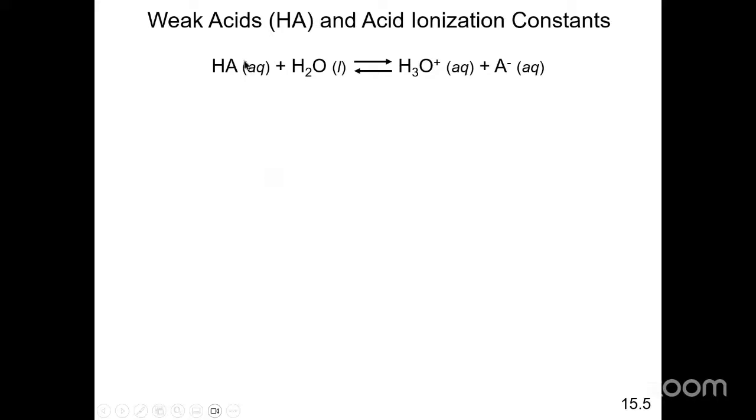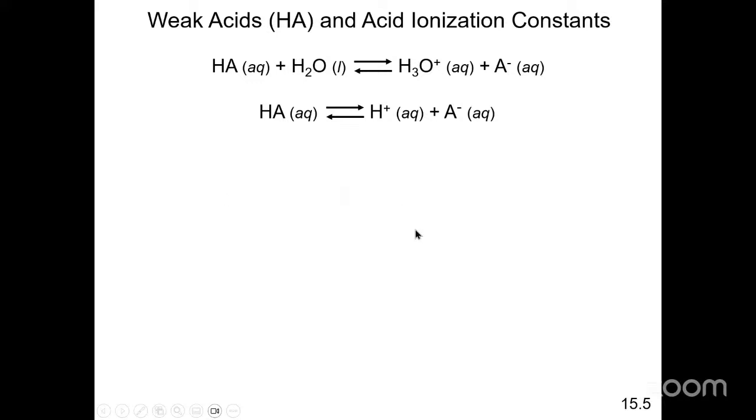Of course, because the acid is weak, you'd expect the concentration of HA to be higher compared to the concentration of the hydronium ion or the A- ion, the conjugate base of the weak acid. Another way of representing it is this, right? So you can use this equation here or this equation. Basically, they both represent the same thing, the dissociation of the weak acid.